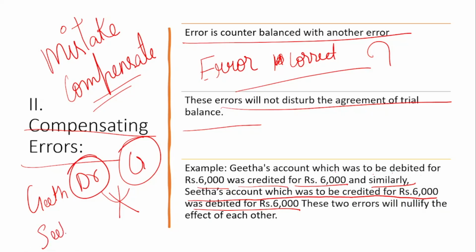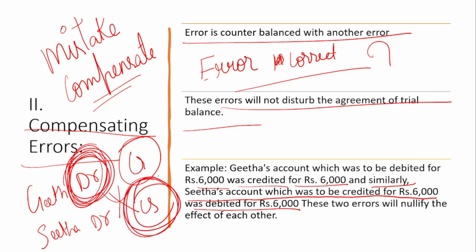She should have been credited, but instead of crediting you do a debit. So anyway, at the end of the day you have one debit of 6,000 and one credit of 6,000.